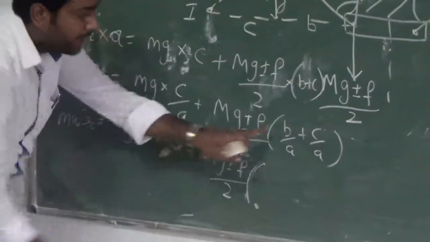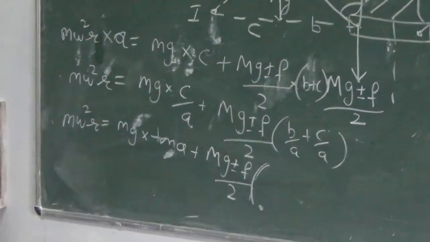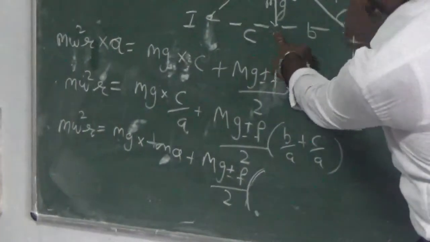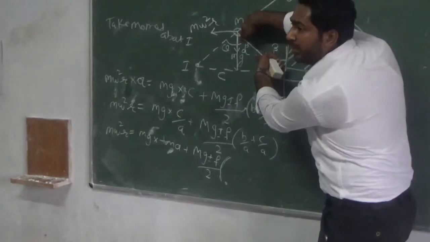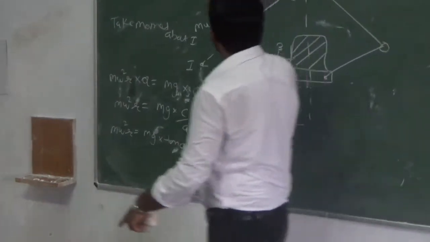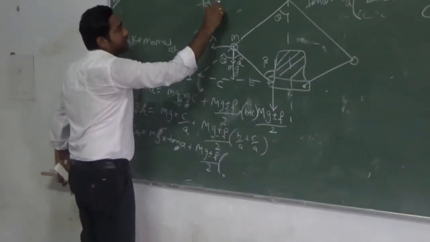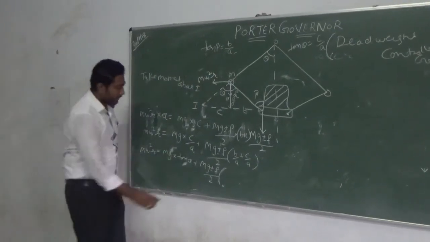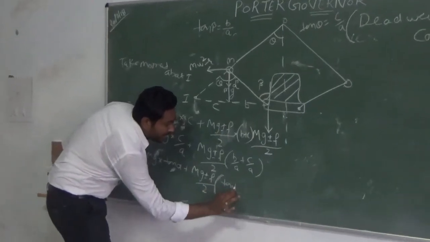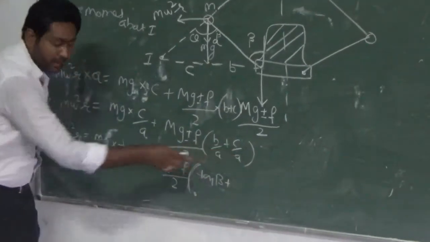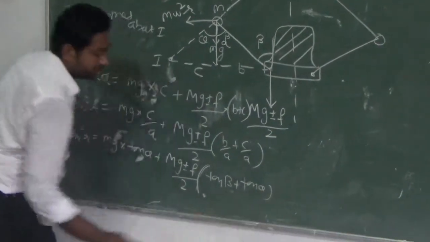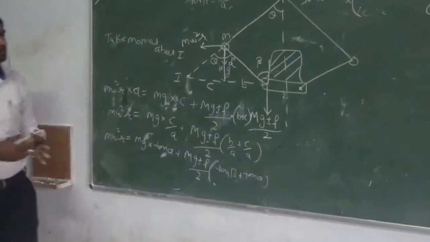What is B by A? From this diagram, B by A, angle beta. So tan beta is equal to B by A. So tan beta plus C by A, already tan theta. Understand?